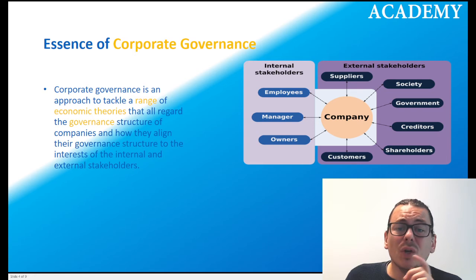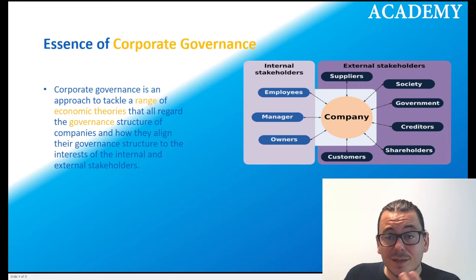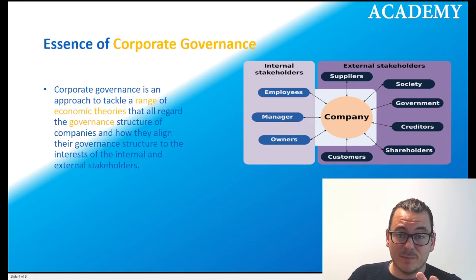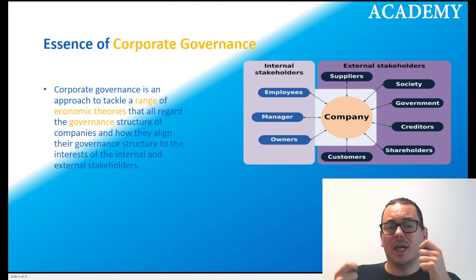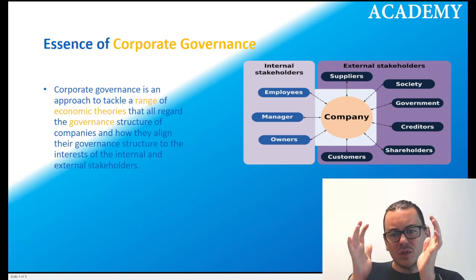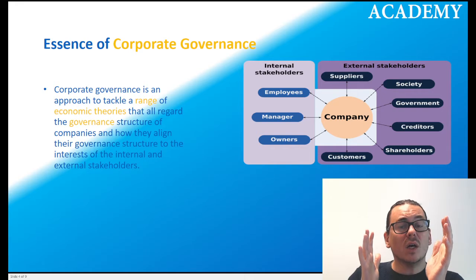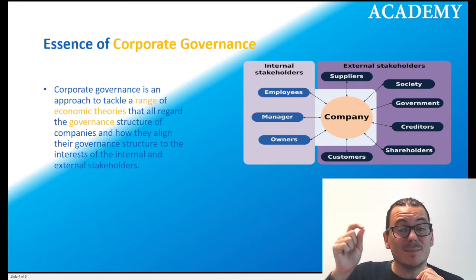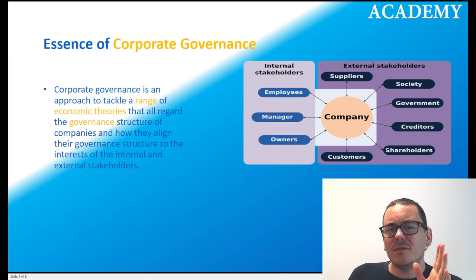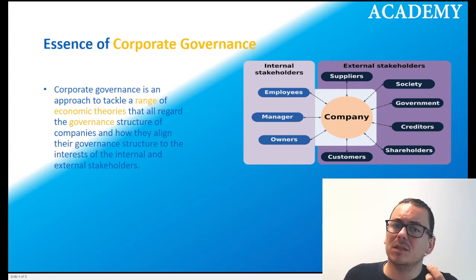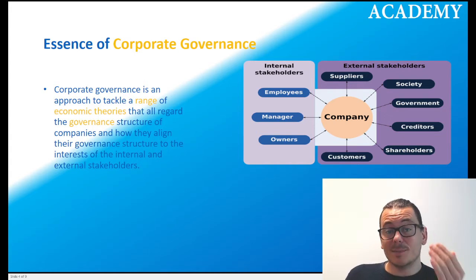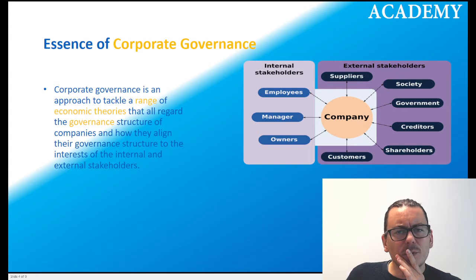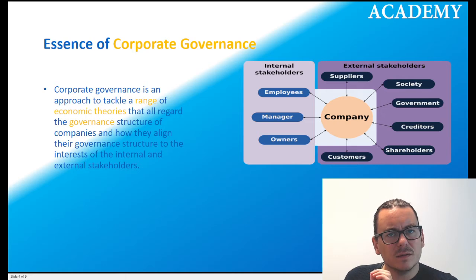This is just an example to show you that internal might be employers, managers, and external can be suppliers, society, government, creditors, etc. So when we want to align our behavior or the governance structure to secure some good relations or good governance depending on the expectations from the stakeholders, we're not that far from the element of compliance, because compliance also relates to the alignment of your behavior considering the expectations. So it's really interesting that there are some similarities here between corporate governance and dynamic compliance.